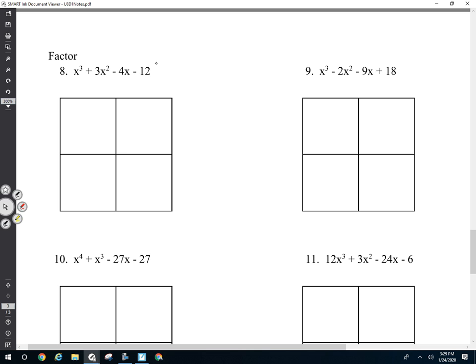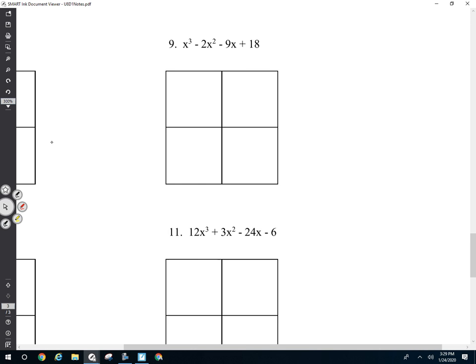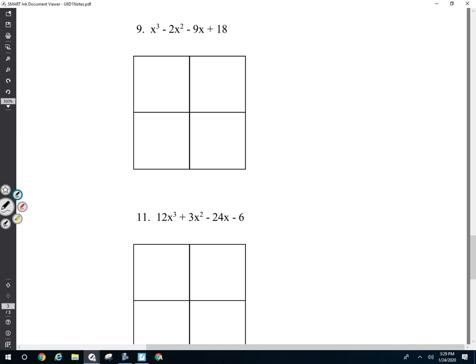Nope. There's 4 things. Can't pull anything. What about this one? 12x cubed, 3x squared, 24x, 6. Yep. What can I pull out? A 4? A 3. A 3 and an x, Mr. Clark? Just a 3. So I get 4x cubed plus x squared minus 8x minus 2. Good.